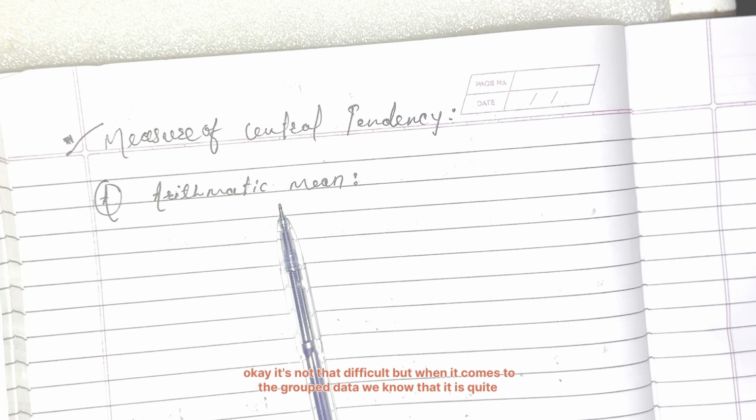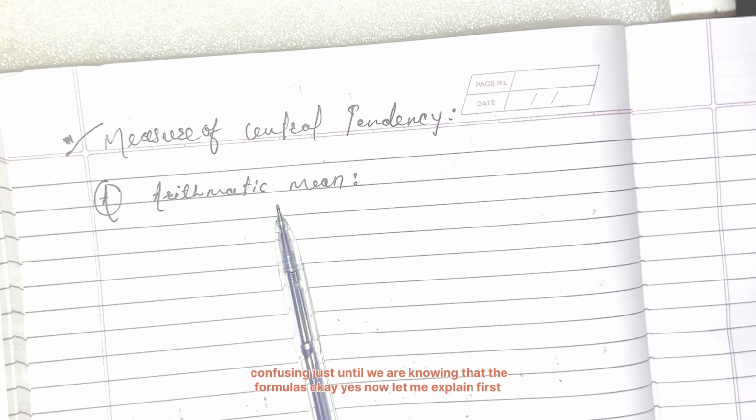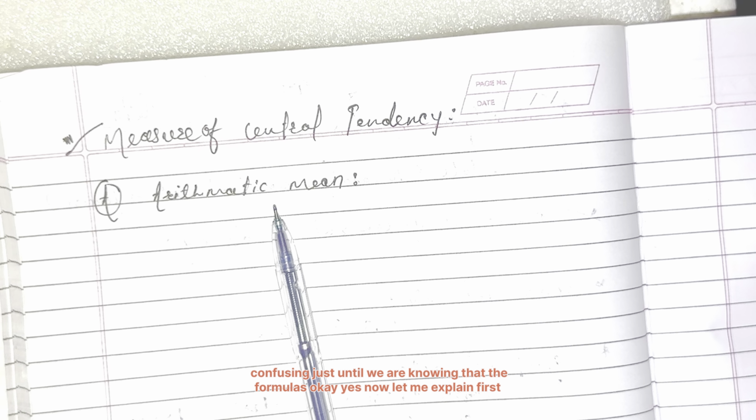It's not that difficult, but when it comes to grouped data, it is quite confusing until we know the formulas. Now let me first explain arithmetic mean for ungrouped data. Then we go for the grouped data.